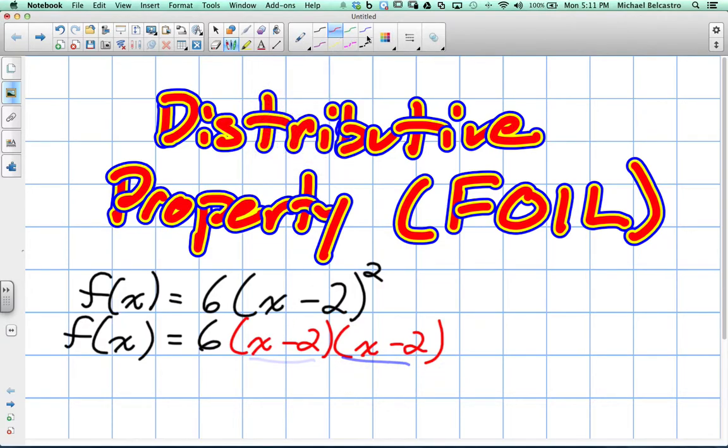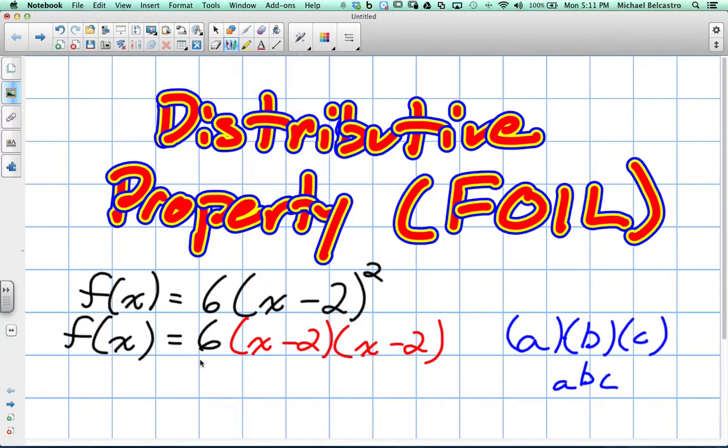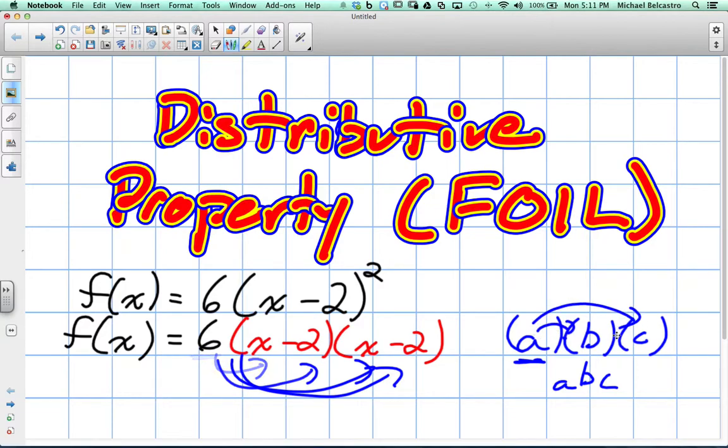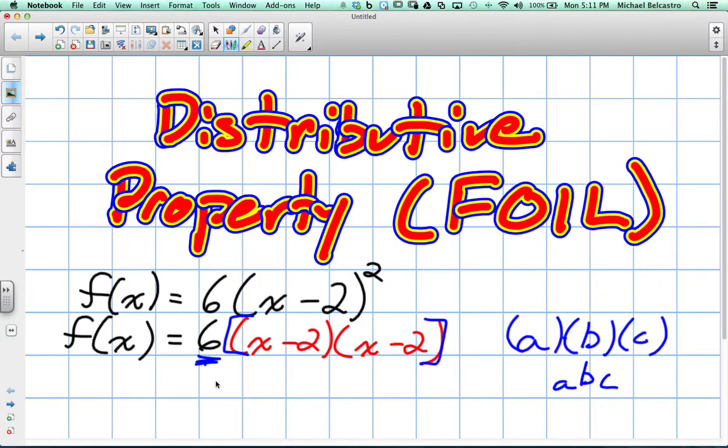Think of three terms: A, and I'll put brackets, times B times C. If I multiply them all, it's technically A, B, C. A very common error is students will take this first term and multiply it into every single one of these, like taking A times B and times C. That's not what we're doing. We times it by just one of the terms. So I usually suggest we deal with these two brackets first, then we do the outside term last. So that's what we're going to do in this case.